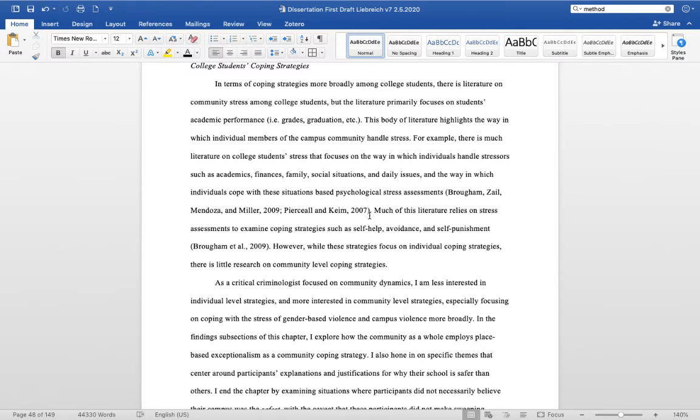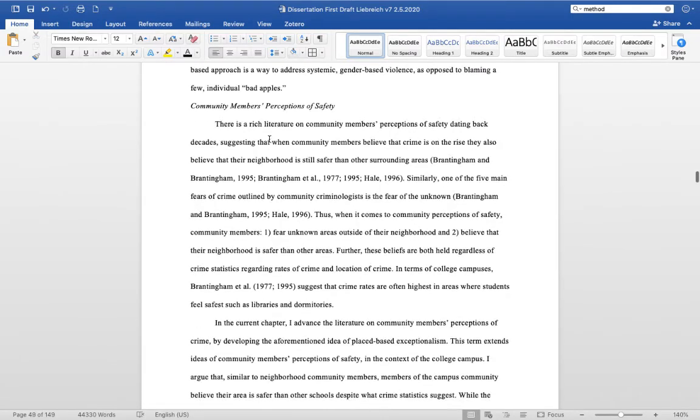I'm synthesizing what existing literature tells us about it. I'm not summarizing everything one set of authors said and then ending the paragraph, followed by another paragraph summarizing everything another set of authors say. Rather, I'm synthesizing what all of these different existing articles say about the topic in one paragraph.